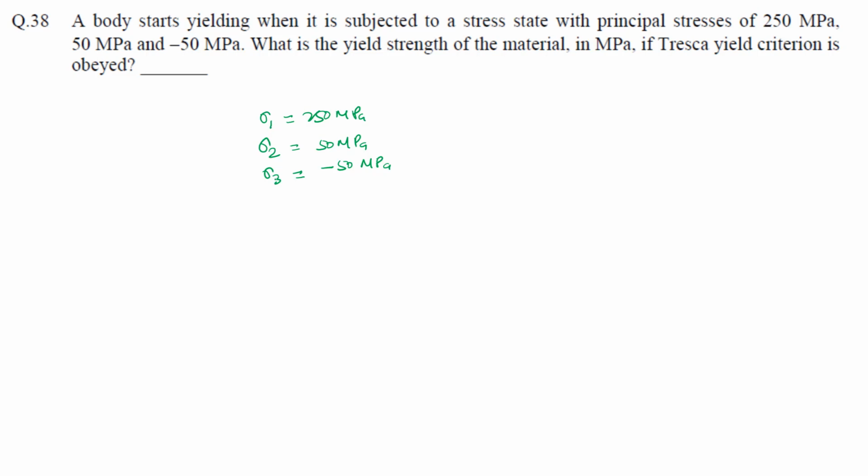Now if we apply the Tresca condition, sigma naught is equal to sigma 1 minus sigma 3, right? And this comes from the derivation where we have got tau max is equal to sigma 1 minus sigma 3 by 2.